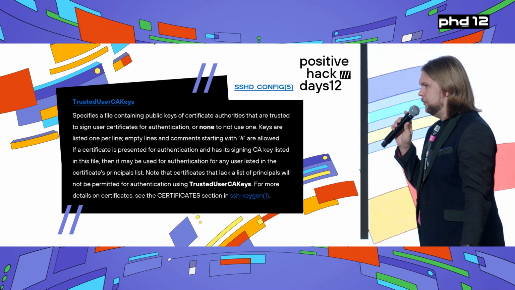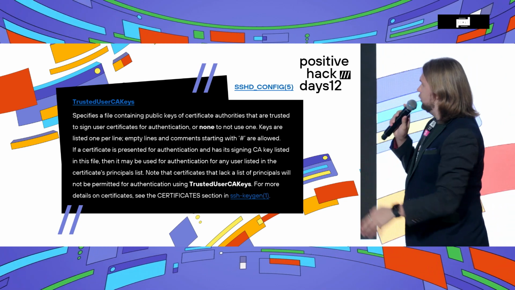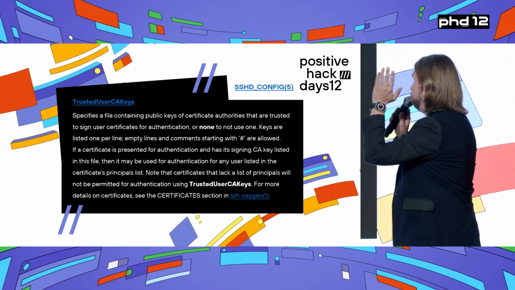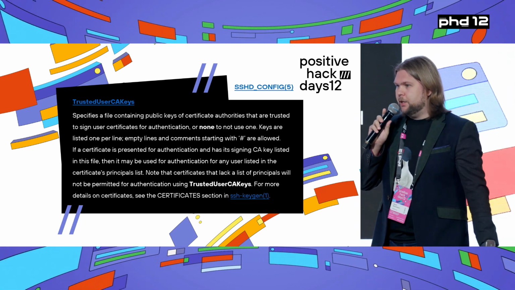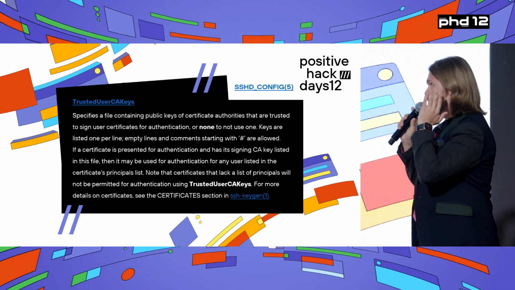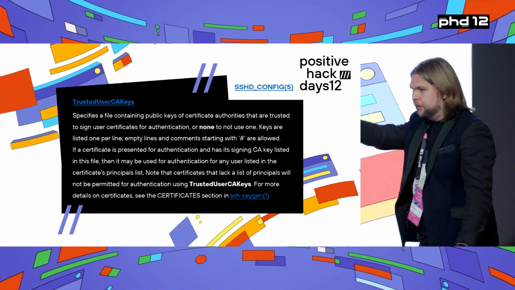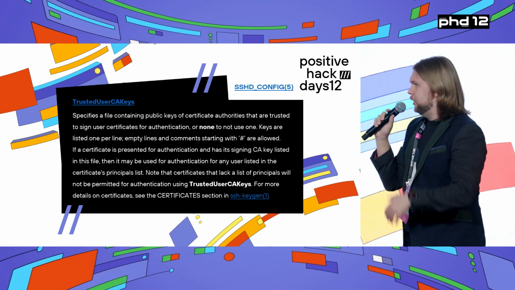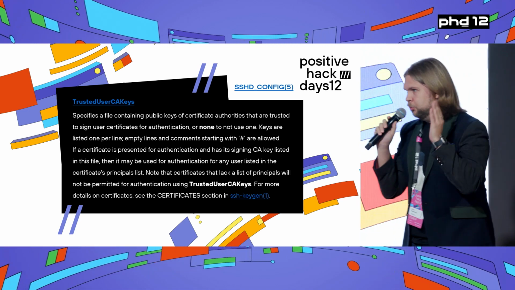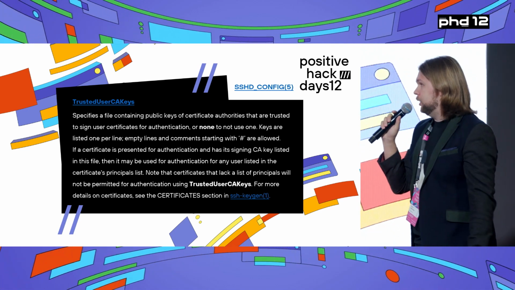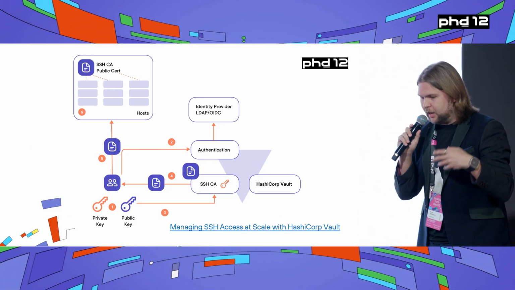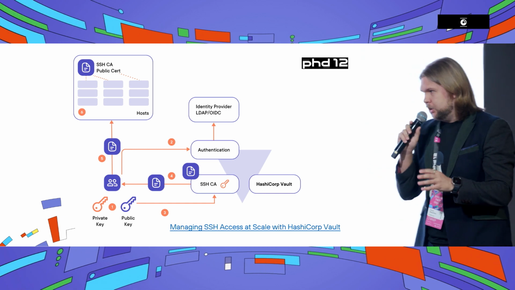And this is how you do authentication using certain certificates. On that slide with lots of text, you may see just an extract from a manual about the trusted user CA keys, and this is just SSHD configuration, and you actually can indicate the path to the key, and the trusted user key would check and verify the data of the user.